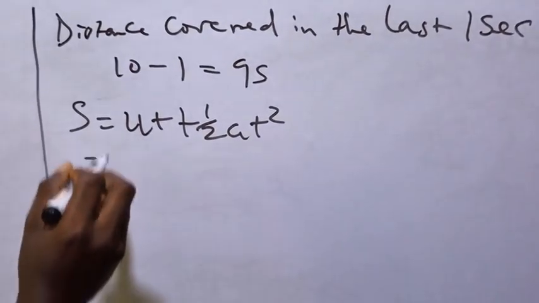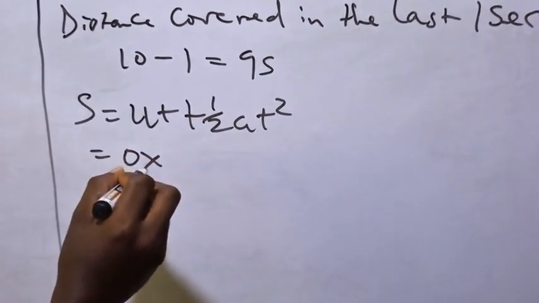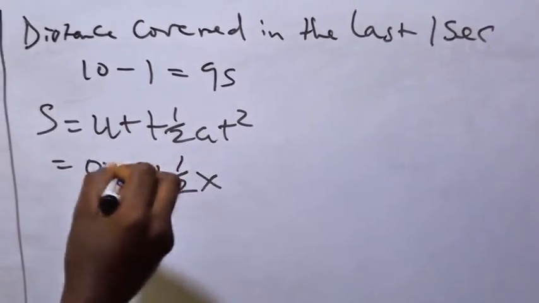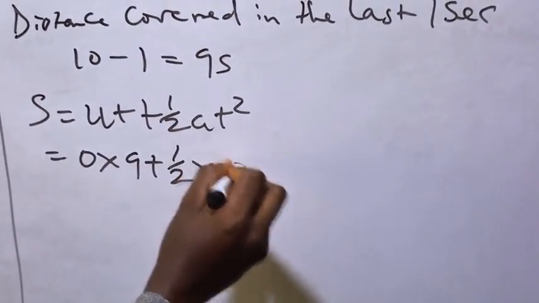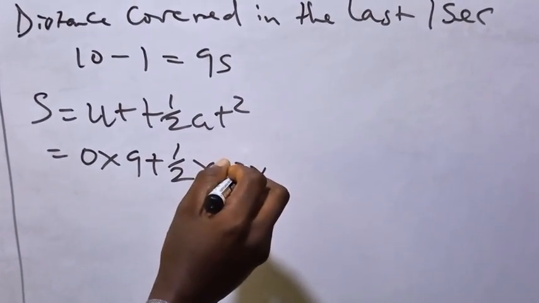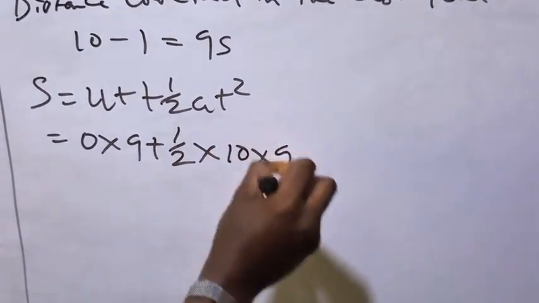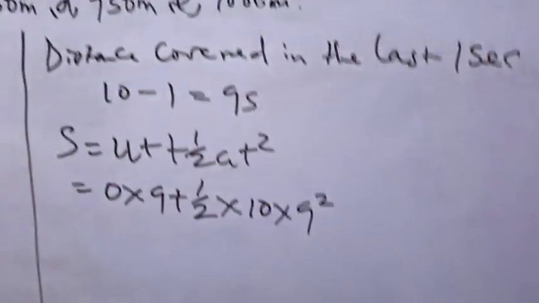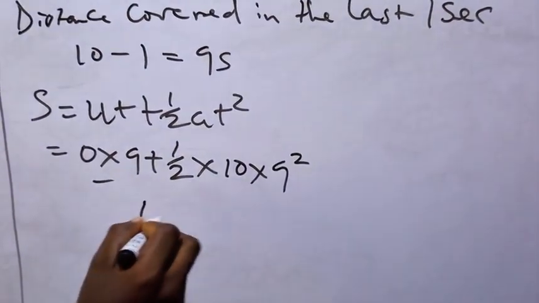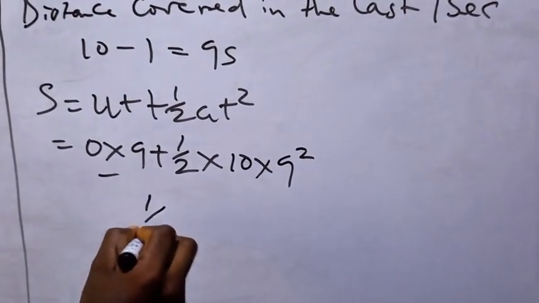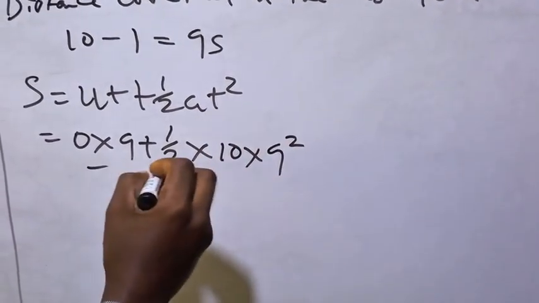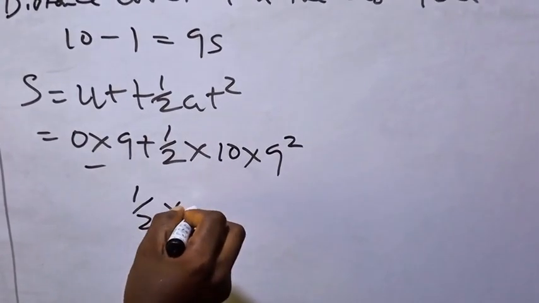The initial velocity remains 0 multiplied by the time 9, plus half times the acceleration 10 times the time, 9 squared. If you multiply, this is 1 over 2 times 9 squared, which is 81, times 10, which will be 810.